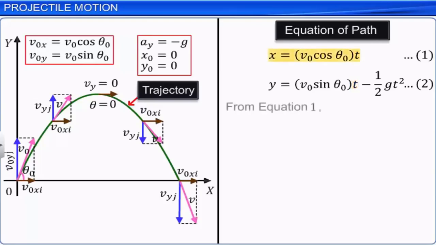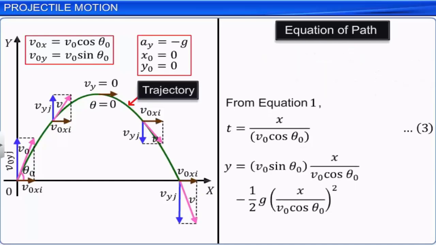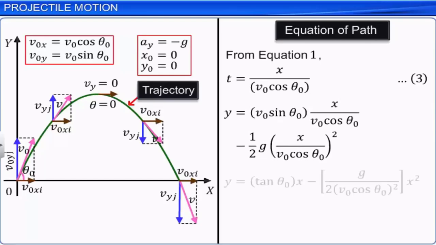From equation 1, we can write t is equal to x divided by v0 cos theta 0. Let this be equation 3. Substituting equation 3 in 2 and simplifying, we get y is equal to tan theta 0 into x minus g divided by 2 into v0 cos theta 0 square into x square. Let this be equation 4.